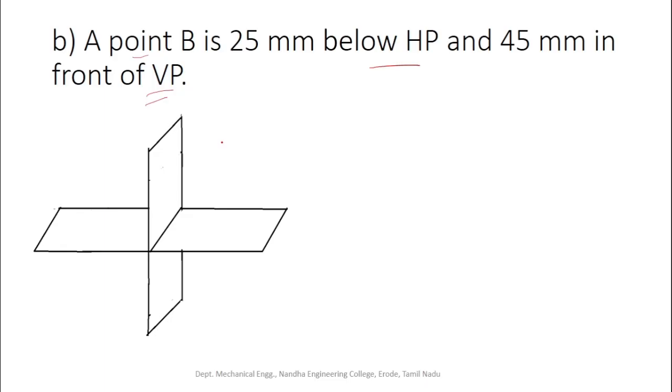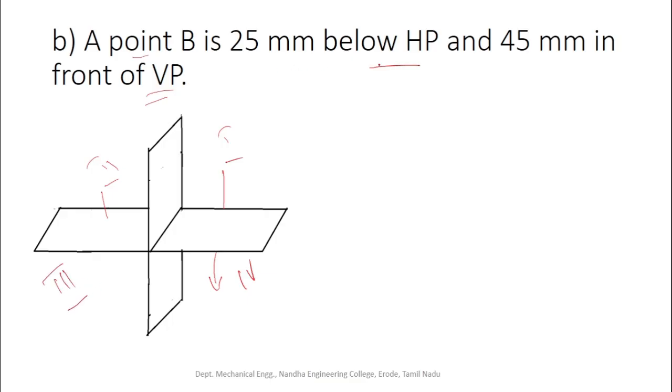To describe the location of an object placed in either the first or second quadrant, the term used is above HP. The point A or B is some distance above HP. Above HP means the object may be placed in the first or second quadrant. On the other hand, if the object is placed some distance below HP, the object may be placed in either the fourth quadrant or the third quadrant.